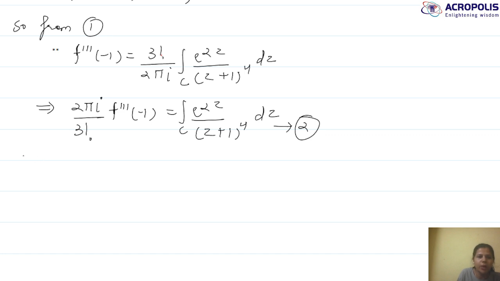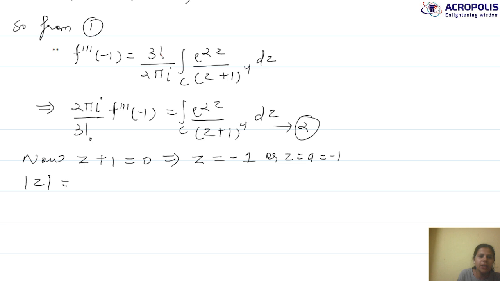For the singular point, equate the denominator, where z plus 1 equals 0, that is z equals minus 1, or z equals a equals minus 1.